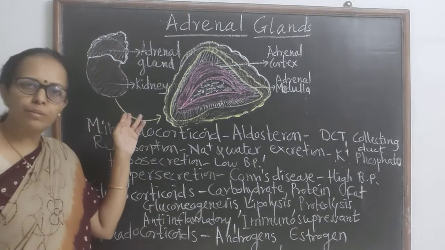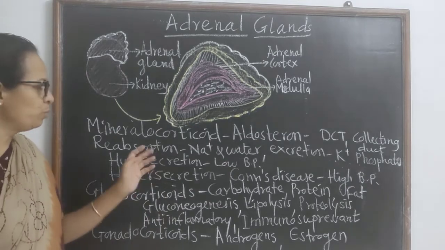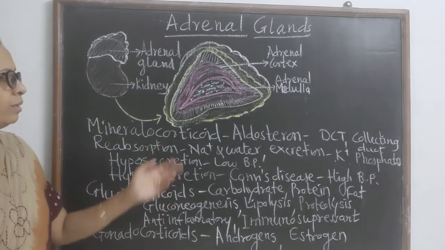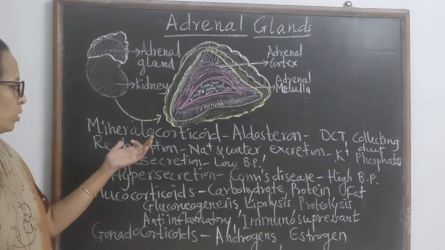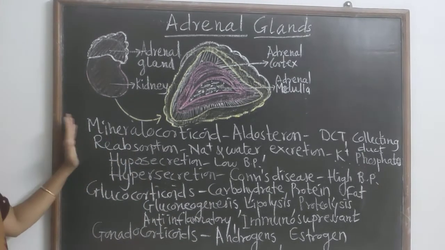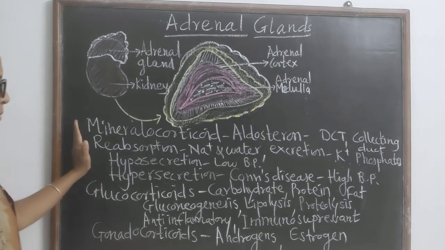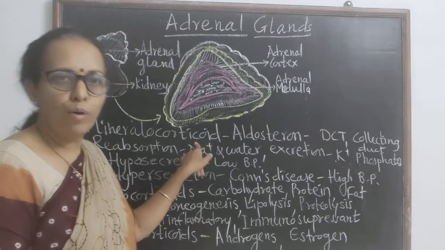We continue with the secretions of hormones and their role in metabolism. The first hormone we have seen of the cortex, the outermost layer, is mineralocorticoid.